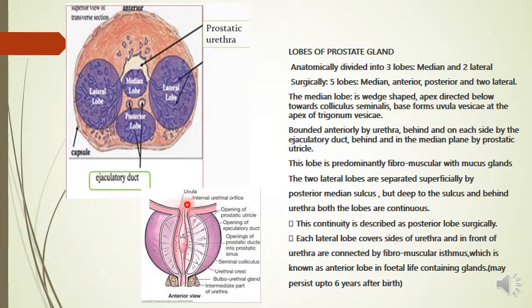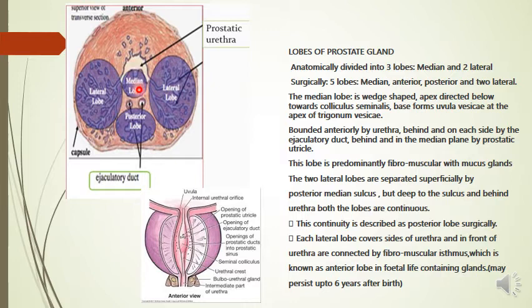So here this is the internal urethral orifice. So here it forms the uvula vesicae. The base forms the uvula vesicae. Here this widened opening is called the uvula vesicae.